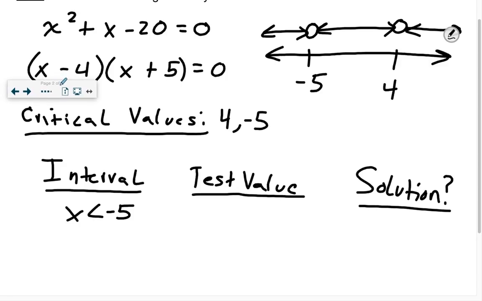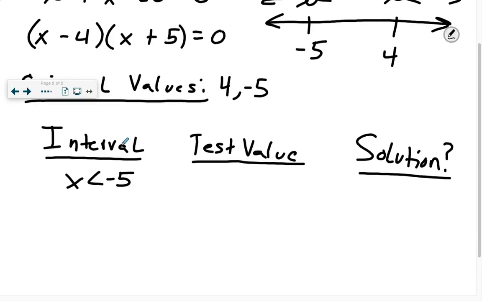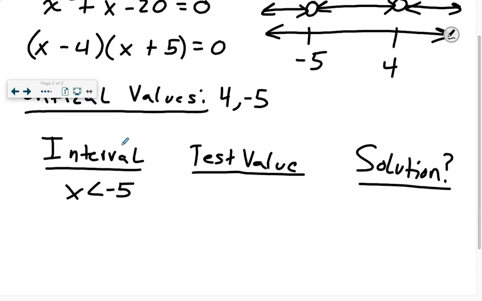Very good. What was our second interval? Well, it's going to be all the x's between -5 and 4. And the last interval? X is greater than 4.